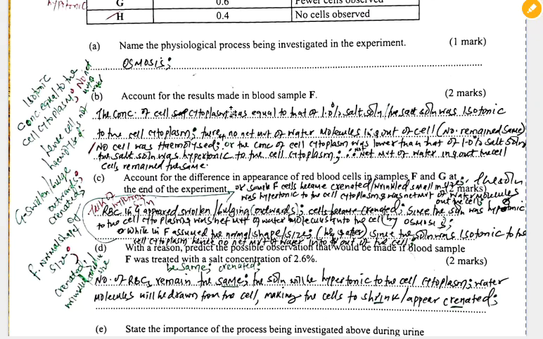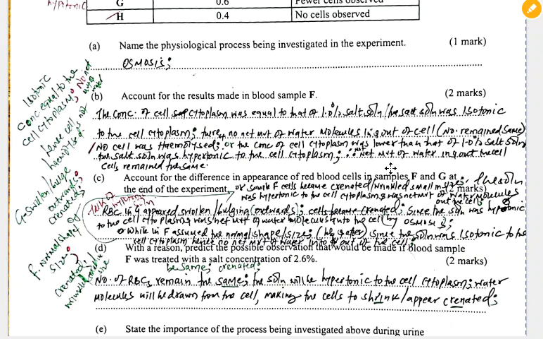The concentration of cell cytoplasm was equal to that of the 1% salt solution, or you can say the salt solution was isotonic to the cell cytoplasm, and therefore there was no net movement of water molecules in and out of the cell.